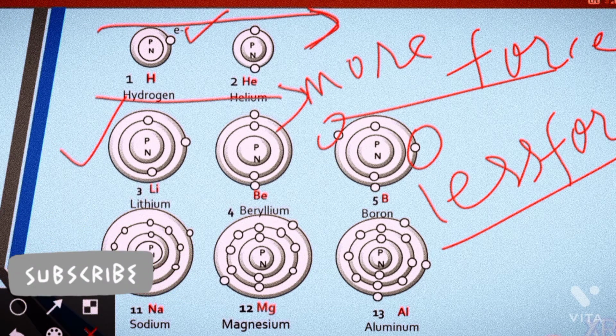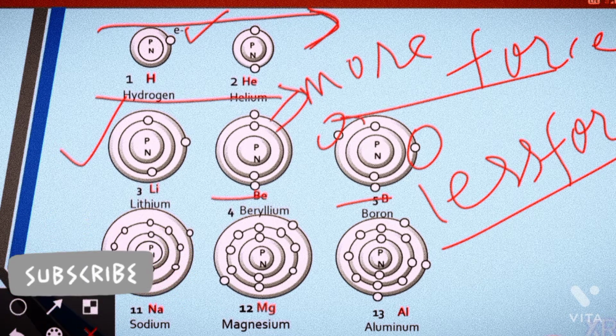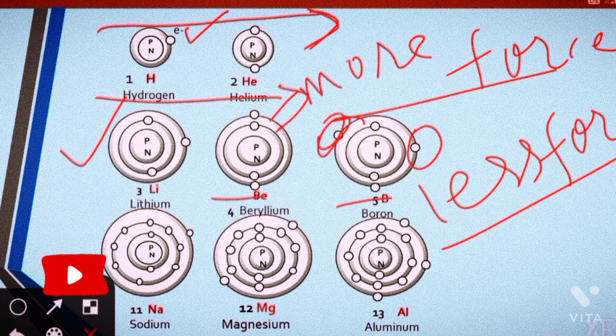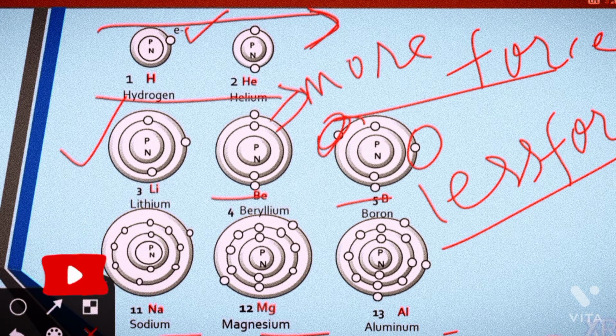As we move left to right, like beryllium and boron, whose ionization energy will be more? Boron, because in boron the outermost shell has more electrons. So the ionization energy will be more. Same thing if we compare sodium, magnesium, aluminum, which will be more electropositive?